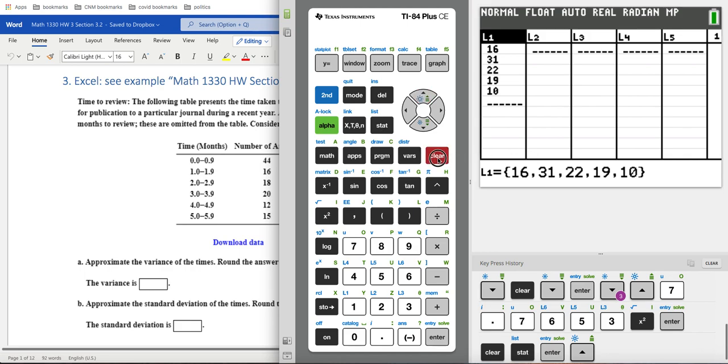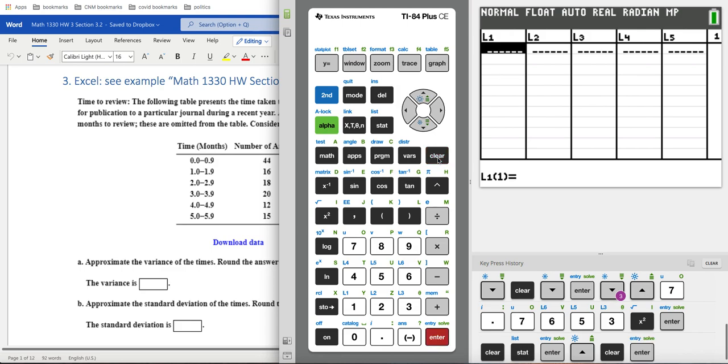But now we need to have two lists here. We've got the time in months, except we're going to need to make that the midpoint of the time in months. And then the number of articles will become the frequency. So for L1, what we're going to do to get the midpoint is 0 plus 1. You take the starting point for the first and second one, divide that by 2.